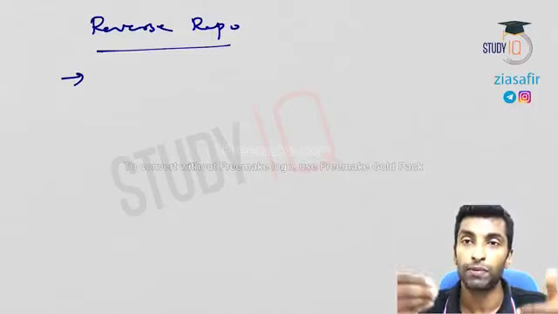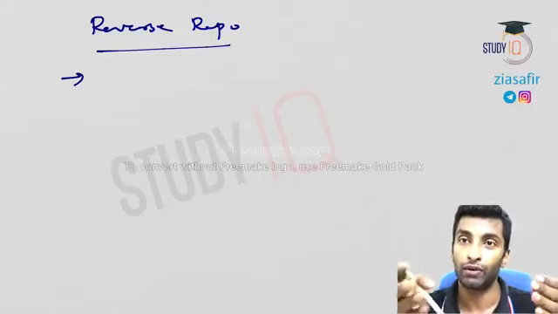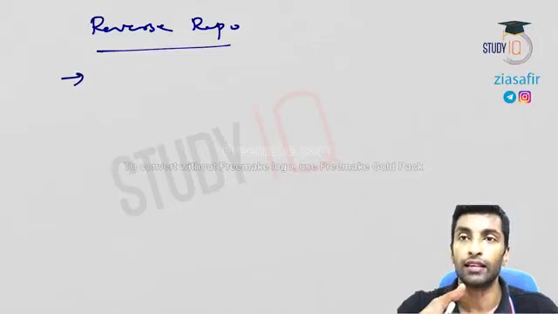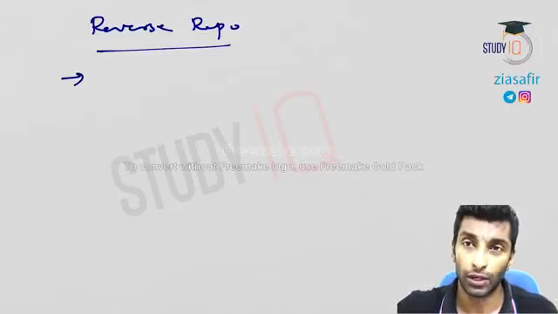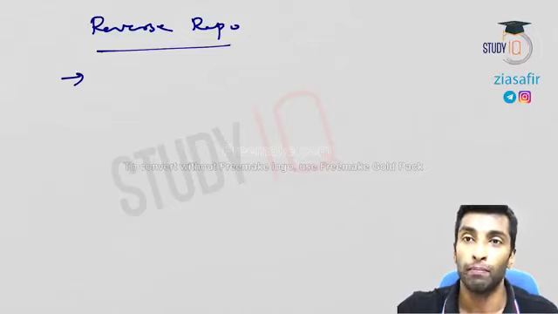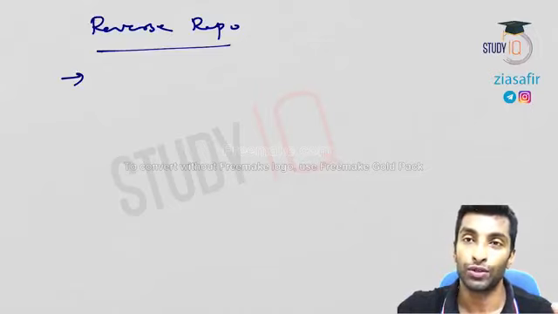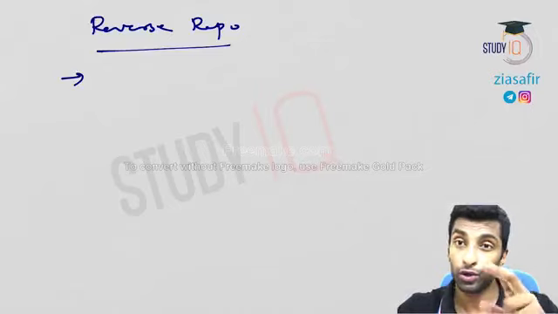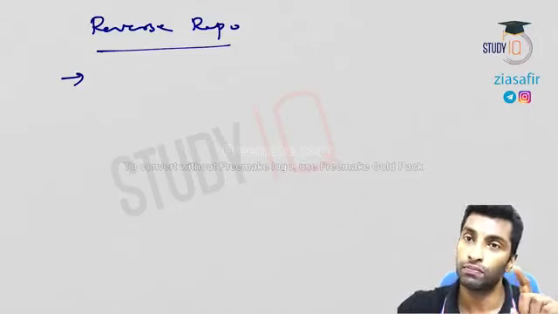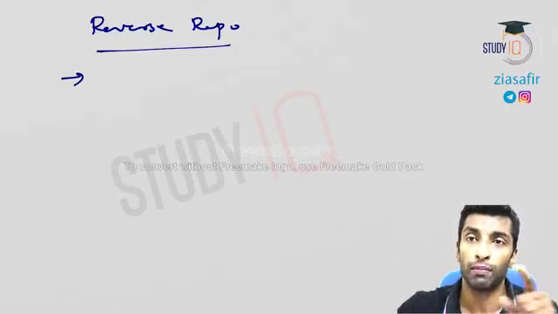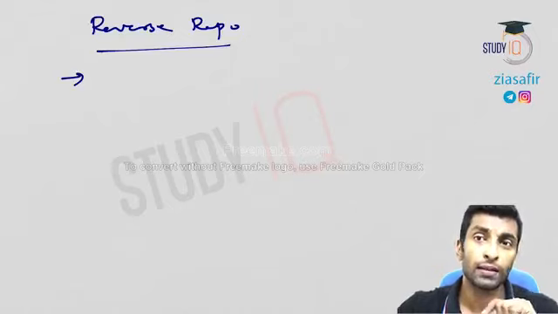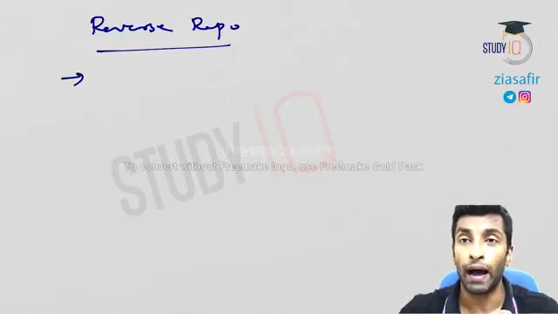So you can use two ways to explain reverse repo. In simple language, I'll tell you the technical definition, which is entirely different, just like what we have seen in the case of repo. Generally what you understood is that RBI borrows from the banks for reverse repo, and banks borrow from RBI is the repo. So here I'll tell you two ways of understanding. One is, as I've told you now, RBI borrows from the banks. Second is that there's a rate of interest at which banks can keep their money with RBI.